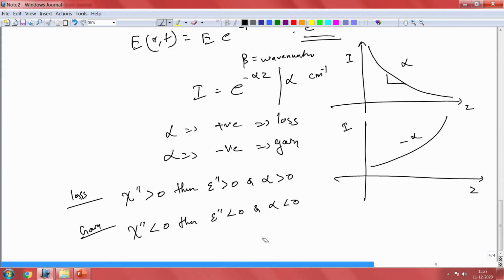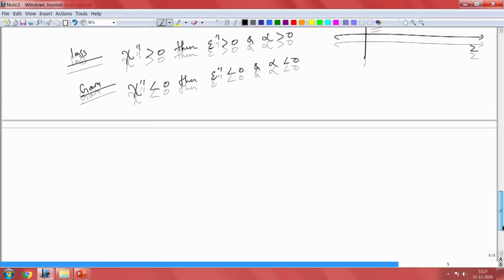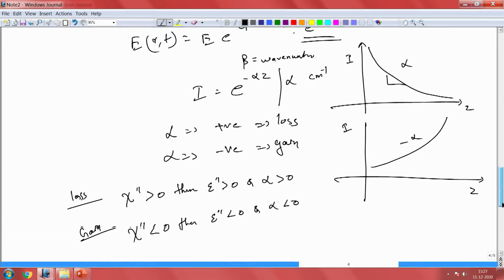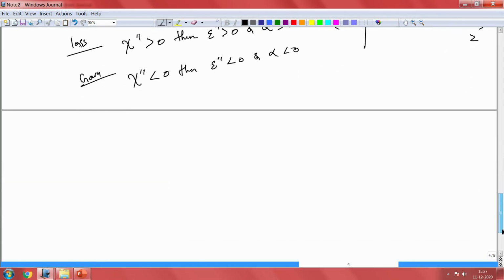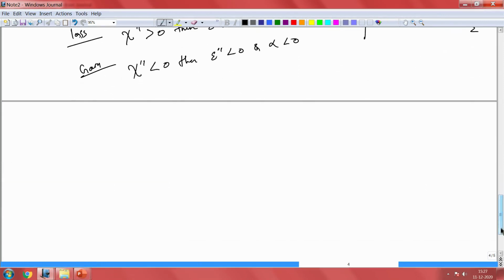So, this is how you can calculate how much loss one could get out of a lossy system or a gain system that you have. The material could have both. We can easily represent the material properties nicely here.